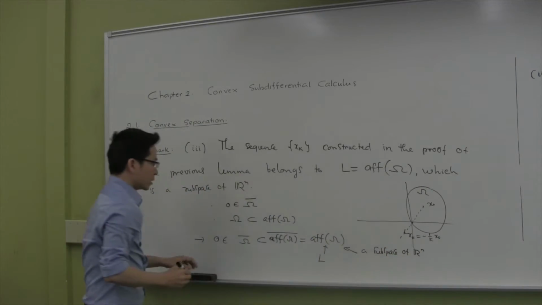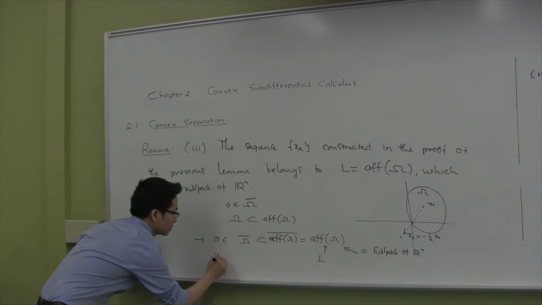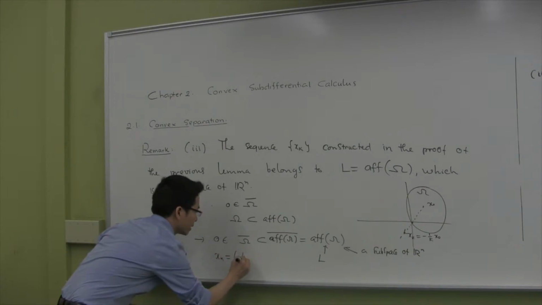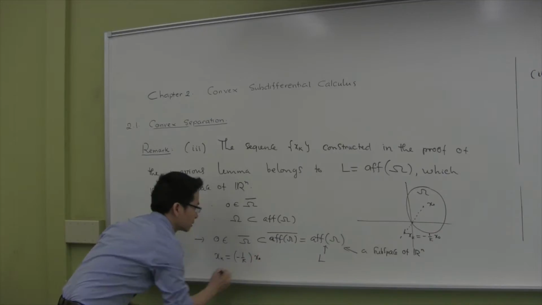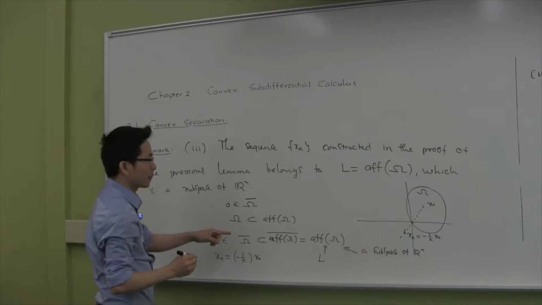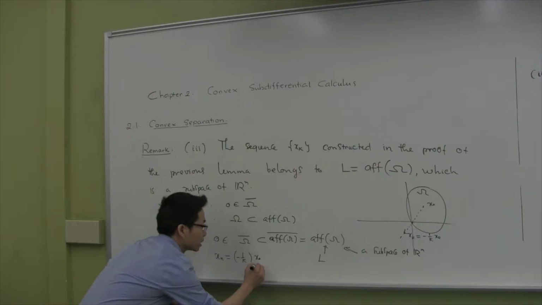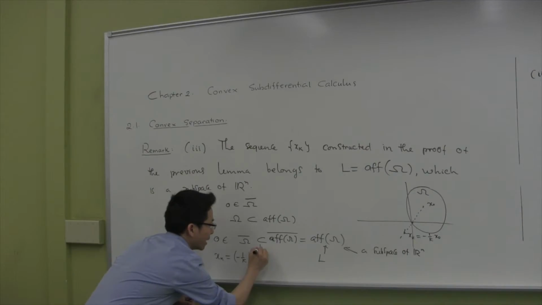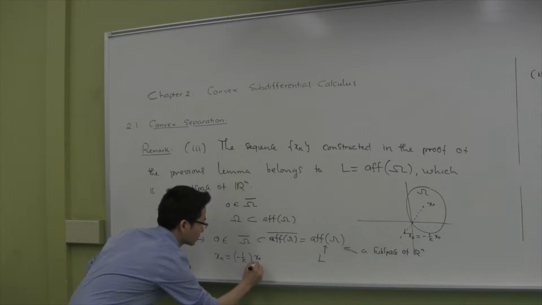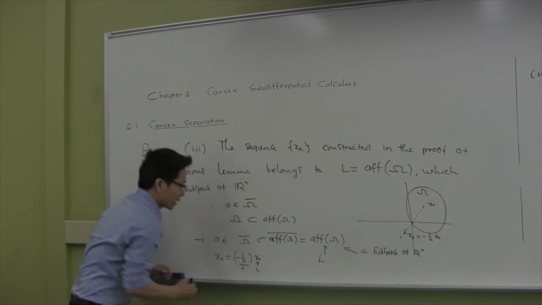Moreover, xk here is equal to minus 1 over k times x0. Because x0 here belongs to omega, x0 also belongs to L. And then this is just a constant lambda.